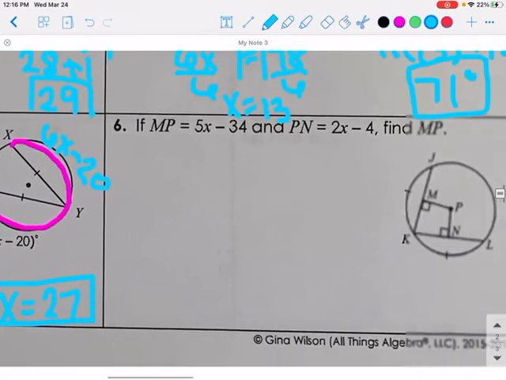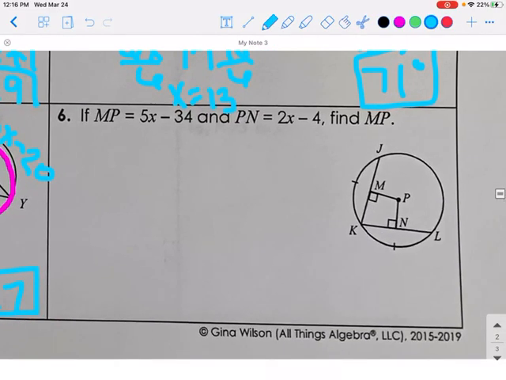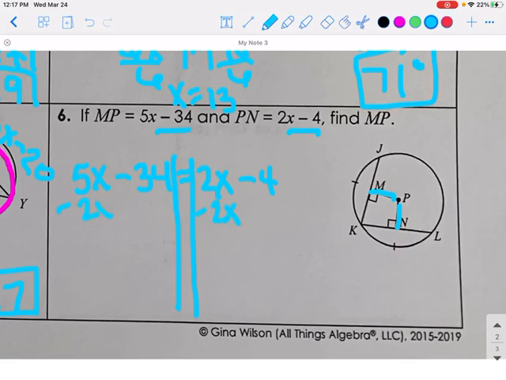Okay, lastly, number 6. So MP and PN, they've given us measurements. However, these little tiny lines are going to be hard to put in the picture. But since those are both lines that are perpendicular with our chords, I know these lines are going to be equal to each other. Subtract 2x, subtract 2x.